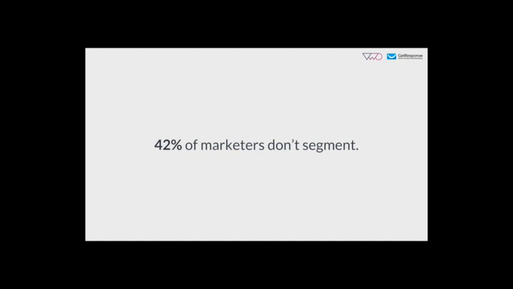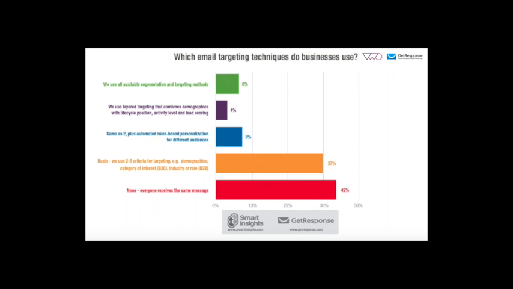According to a study we did with Smart Insights late last year, an overwhelming 42% of marketers don't segment their list, while the remaining 58% use various levels of segmentation, from basic segmentation like segmenting by gender or geolocation to advanced segmentation. Still, 42% send the same message to all of their database.